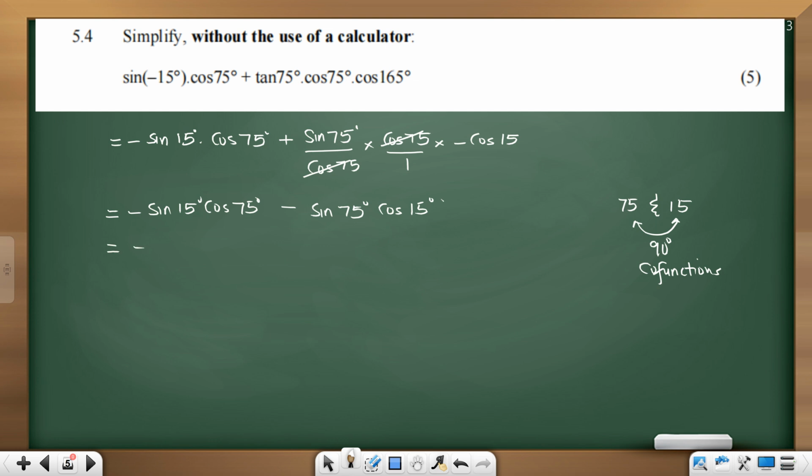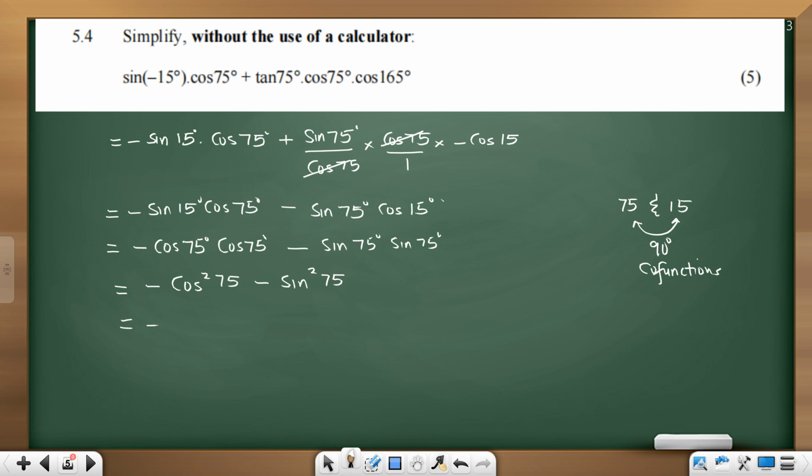So let's change everything to 75. It means negative sine 15. Sine 15 can be written as cos 75. I have this as cos 75. I want us to write everything as 75. And what will this be? Sine what? 75. Okay, what do you have? Oh, this is so beautiful. Cos squared 75 minus.